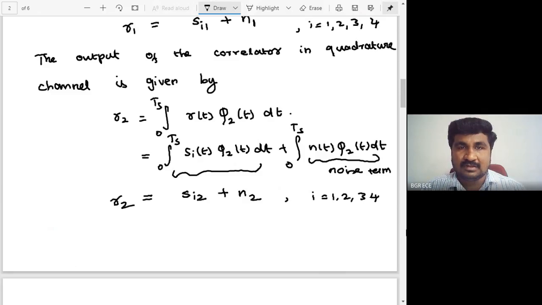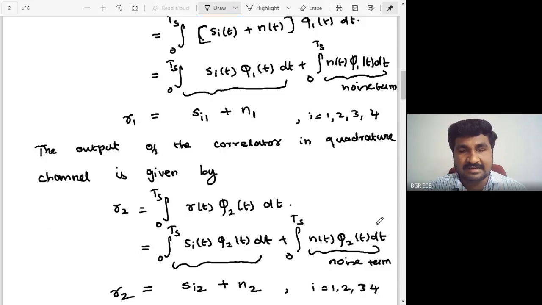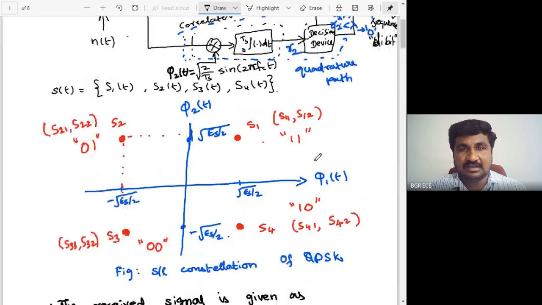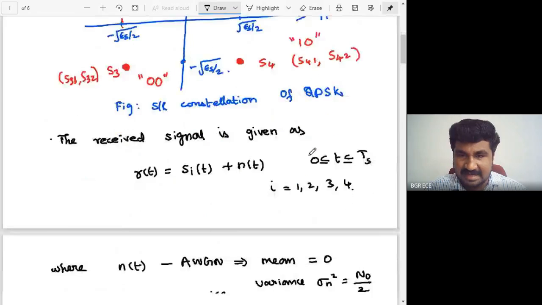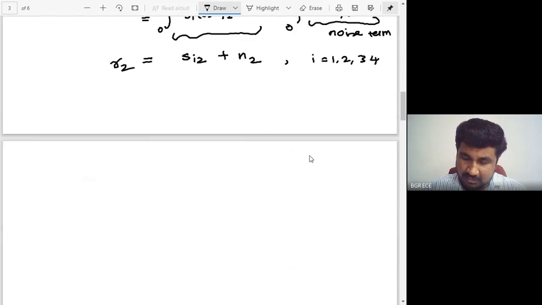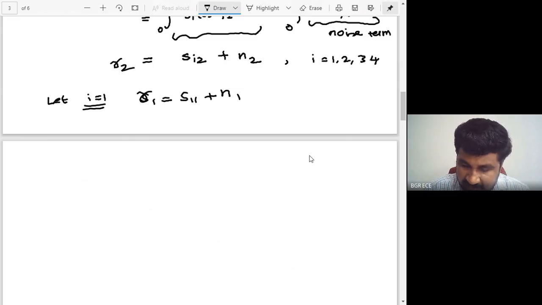Now the decision device has to compare these coordinates R1 and R2 with the corresponding symbols. Suppose I take i is equal to 1. Then R1 is equal to s11 plus n1 and R2 is equal to s12 plus n2.